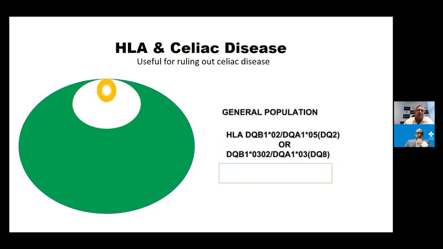And only among those who have DQ2 or DQ8 will celiac disease occur. But there may be many more in which celiac disease has not occurred. That would mean that HLA DQ2 or DQ8 is necessary, but not sufficient, for celiac disease to appear.